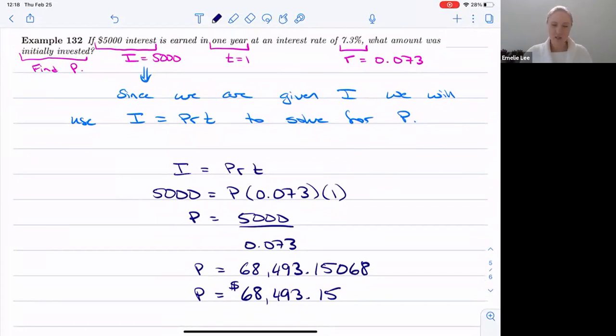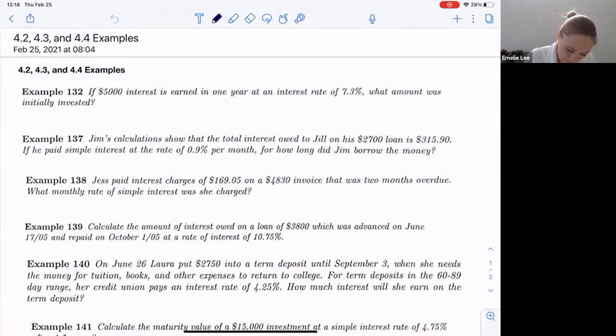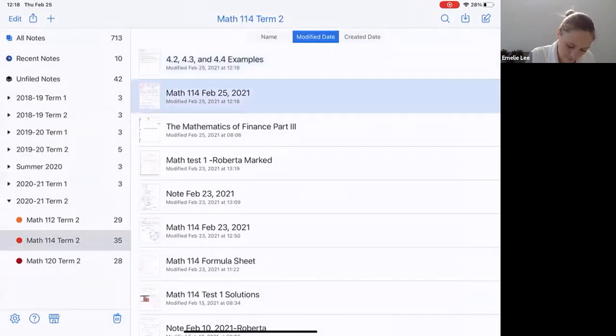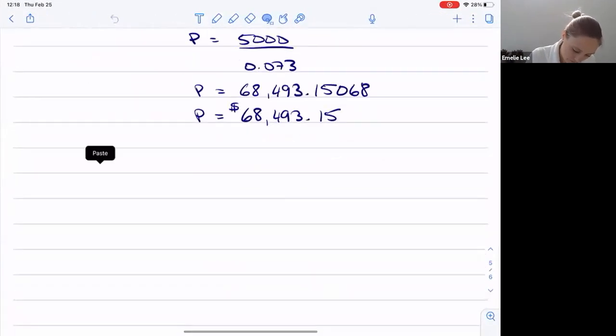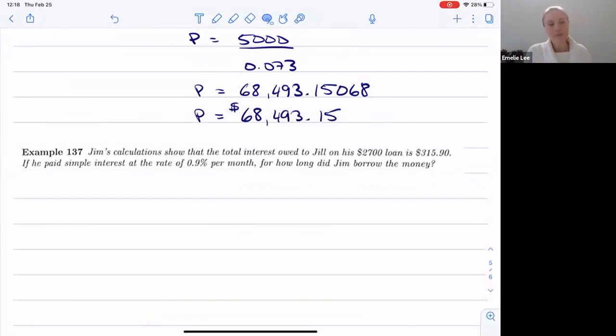Okay, let's do another example here. From here on out, all these sections are going to start the same way.